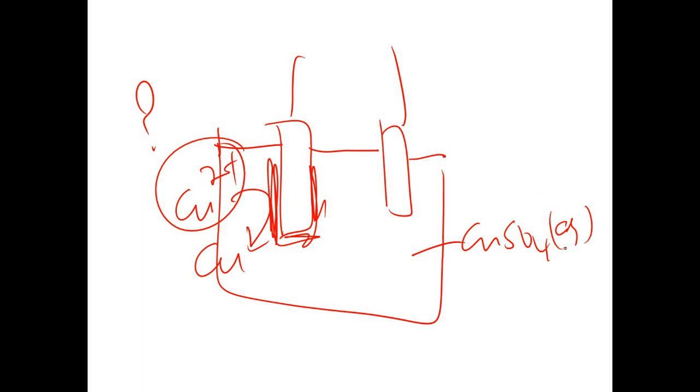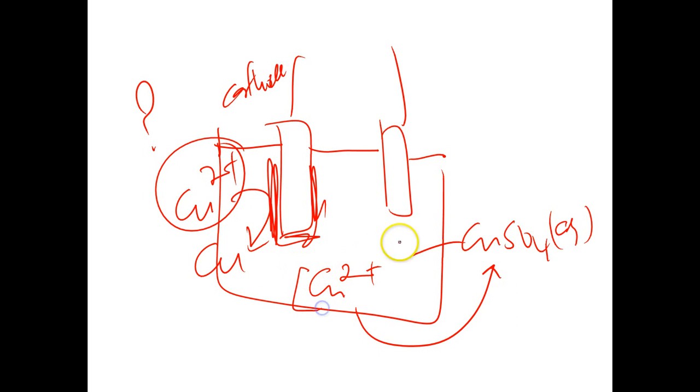So Cu2+ would be from the CuSO4 which you use to make the solution. And as the Cu2+ is deposited around the cathode, the concentration of Cu2+ in the solution will actually start dropping. So it will drop and drop and drop. If you remember the color of copper 2 sulfate, this color is blue, correct?